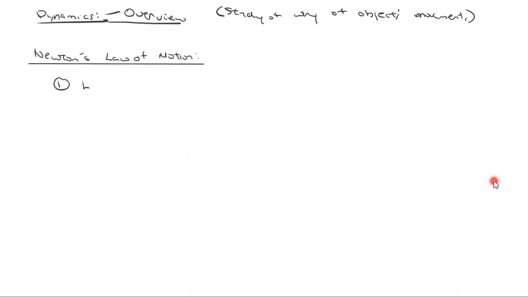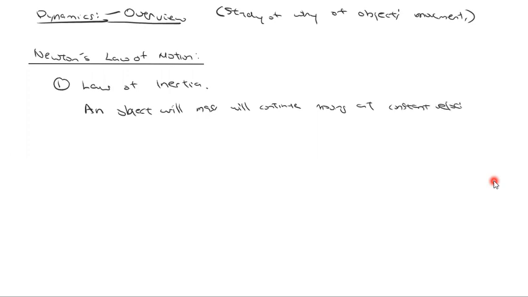The first law is called the law of inertia. It is quite wordy, but it simply states that an object with mass will continue moving at constant velocity, which also implies in a straight line, because changing direction means it will change velocity.